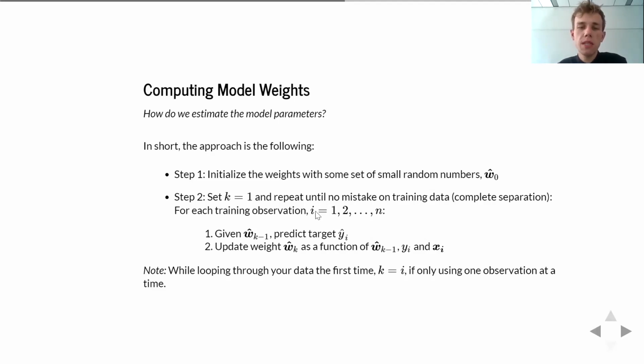So for each training observation, i going from 1 to n, given our previous set of model parameters, so when k is equal to 1, that's just our random guess here, we try and predict the target that's associated with the features for a given observation.